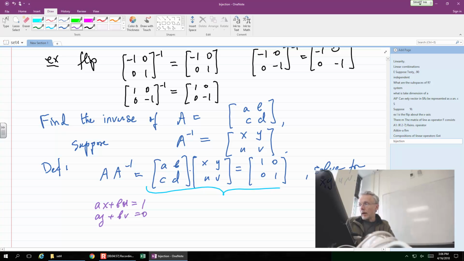And then second row, I'll have cx plus dy is equal to 0, and finally, second row, second column, cy plus dv.